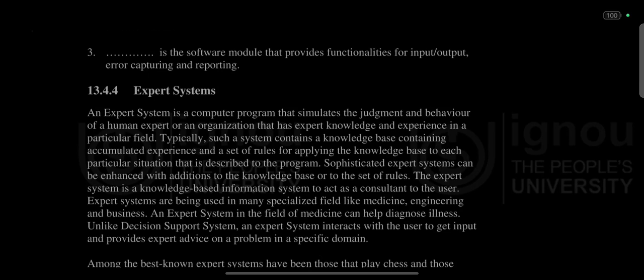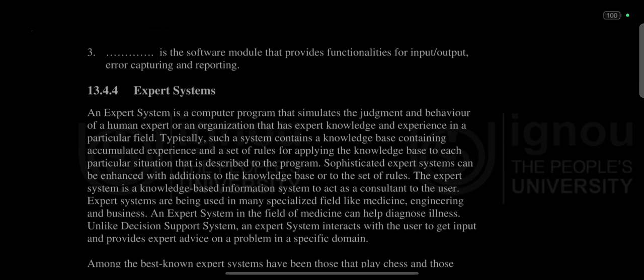The expert system is a knowledge based information system to act as a consultant to the user. Expert systems are being used in many specialized fields like medicine, engineering, and business. An expert system in the field of medicine can help diagnose illness.